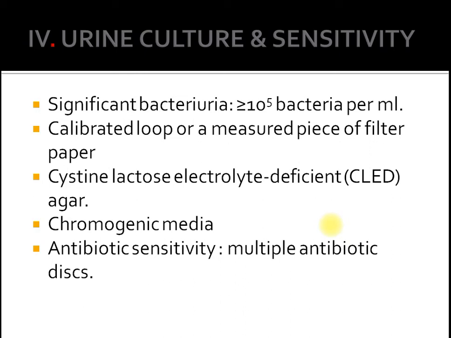It is carried out by the calibrated loop method or by using a filter paper disc. The medium used is blood agar or the CLED medium, which stands for cysteine lactose electrolyte deficient medium. This medium supports the growth of all gram positive, gram negative as well as yeast.